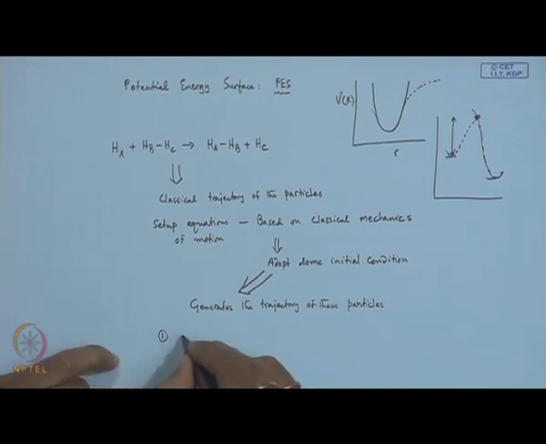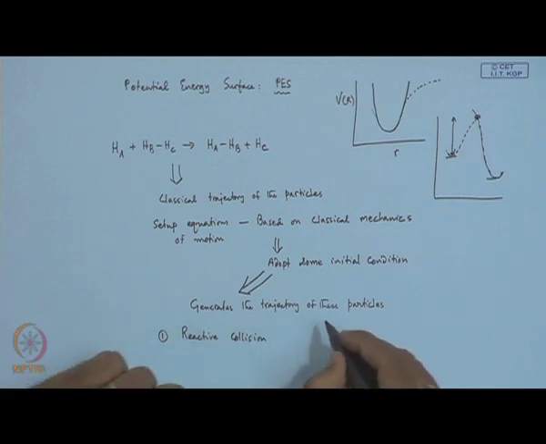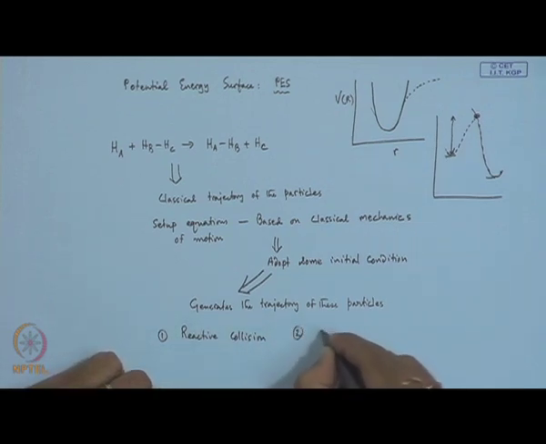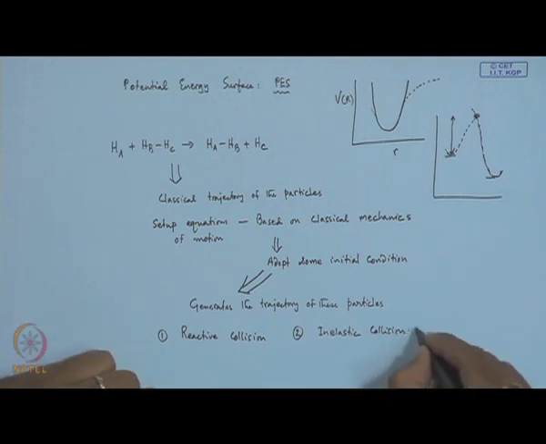One case, the trajectories correspond to reactive collision, which will lead to the chemical reaction, or the other situation will be inelastic collision. Elastic collision and inelastic collision. So inelastic collision means transfer of energy.